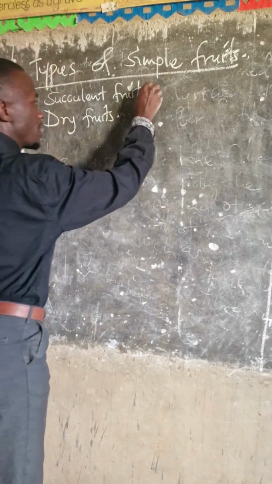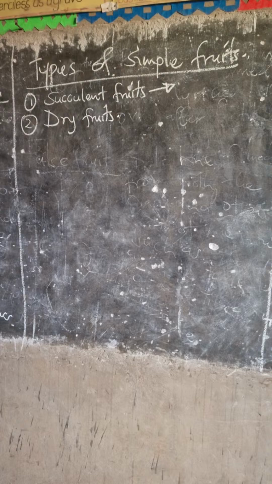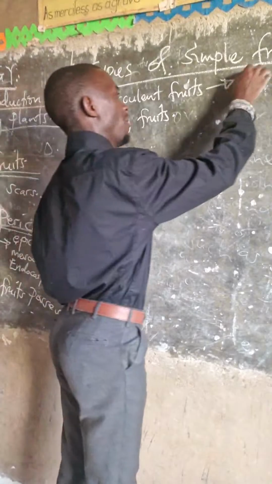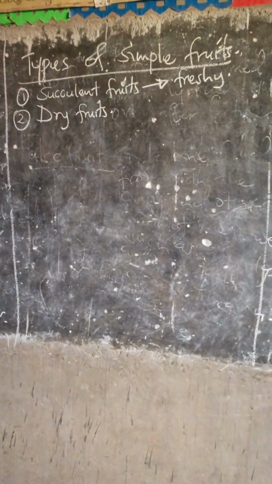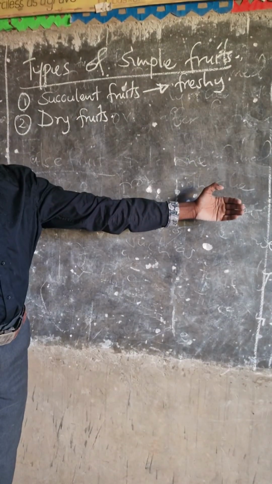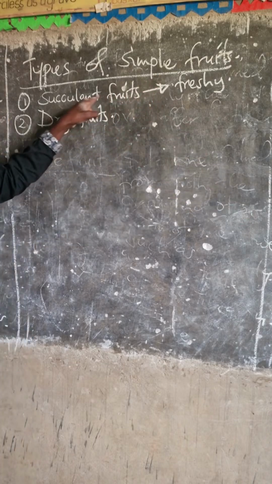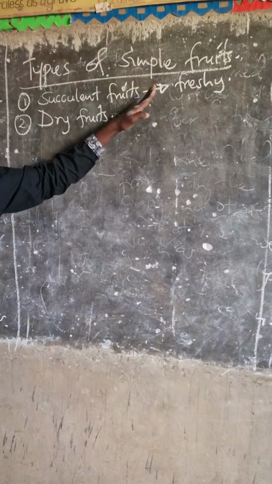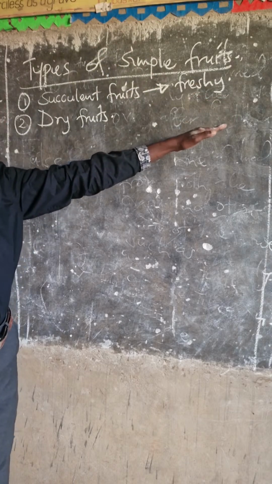The succulent fruits are those fruits whose pericarp, which we mentioned previously, becomes more fleshy as the fruit matures. And we shall find that even the succulent fruits have categories we shall look at with time.